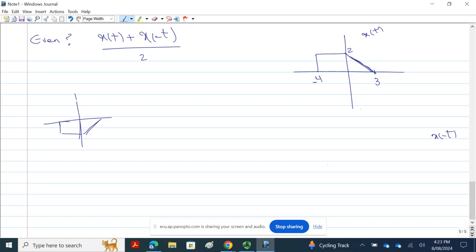Okay, let's do it for this one. The previous one was.